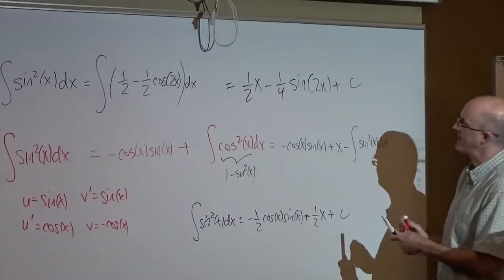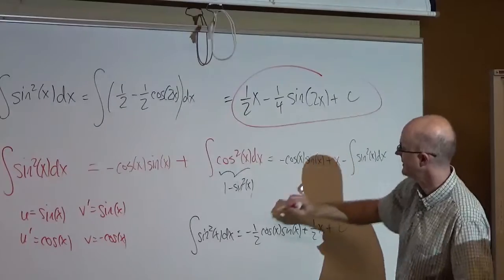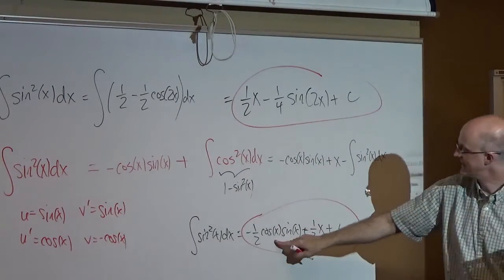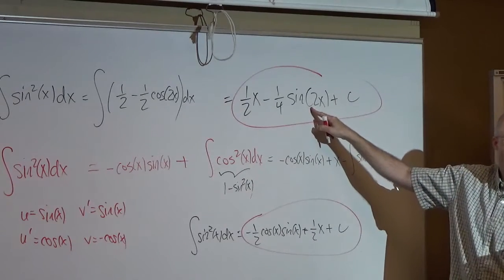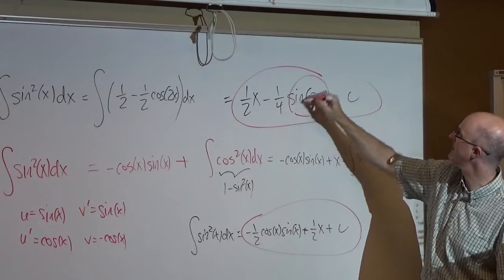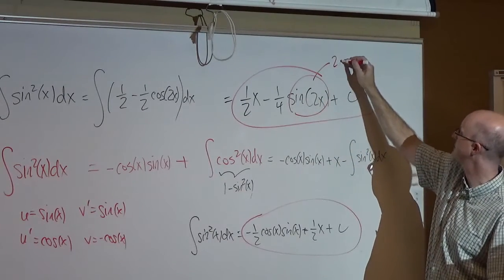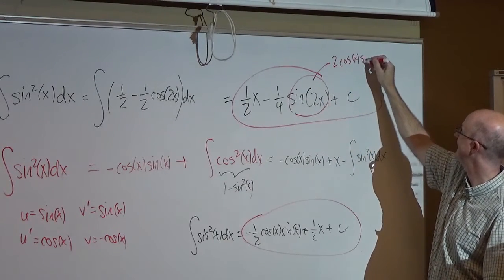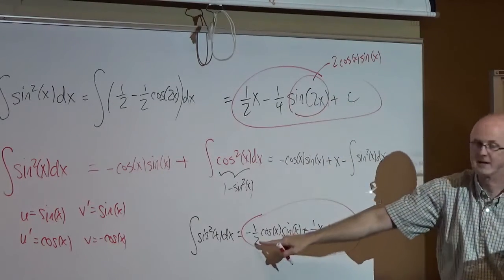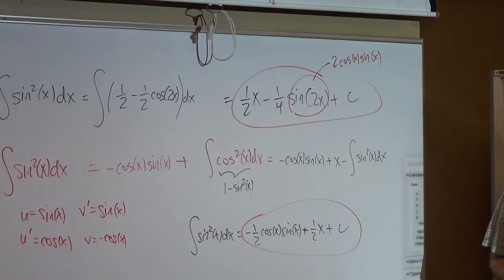These are both correct answers. You can see the 1/2 x's definitely match up. Does that function match up with this function? They are the same. If you use a double angle formula, replace that with 2 cos x sine x. 2 and the negative 1/4 cancel to give you negative 1/2. They are the same.